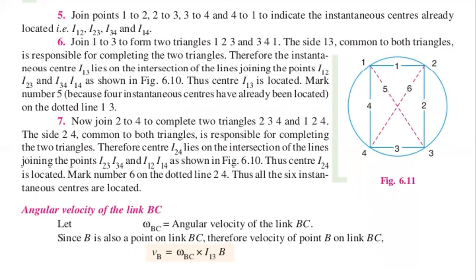Now join the line 2, 4. We are joining the points 2 and 4 to complete two triangles. These are the two opposite triangles formed, that is 2, 3, 4 and 1, 2, 4.